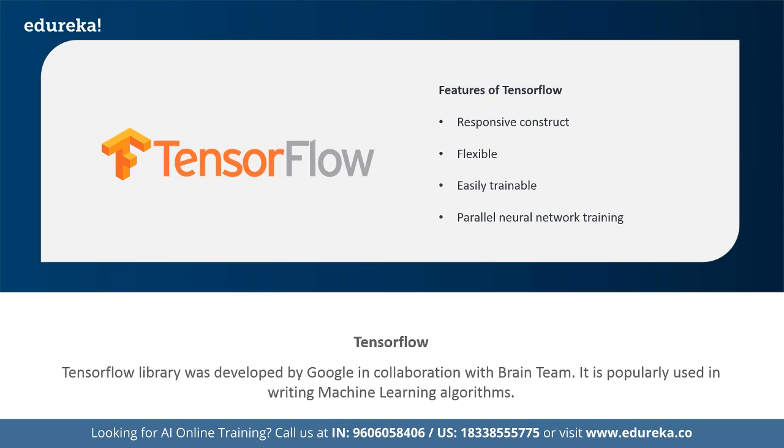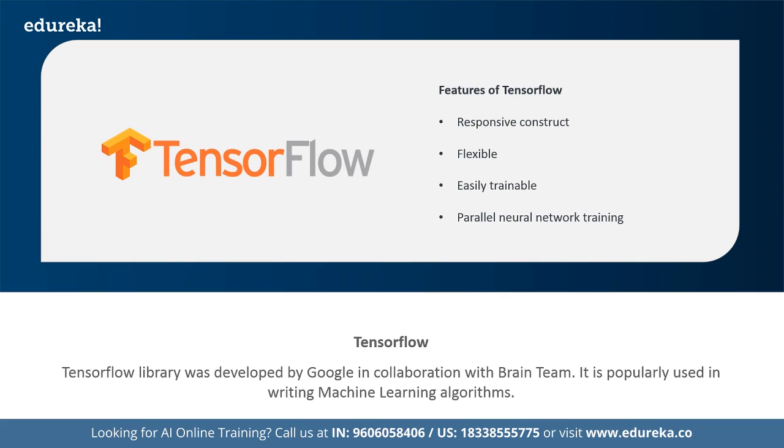The parallel neural network training offered in TensorFlow helps in faster training and faster convergence of the optimized network in deep learning. That's the reason that for production environments, people generally go with the TensorFlow architecture. If it is academic or a POC, then people generally go with Keras or Theano.